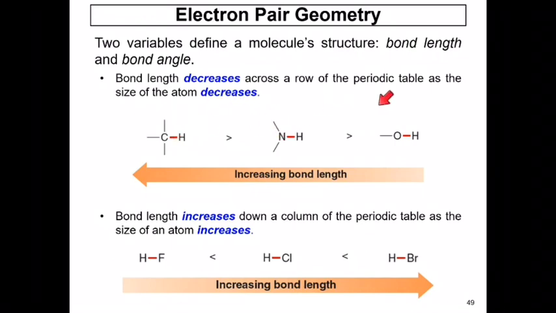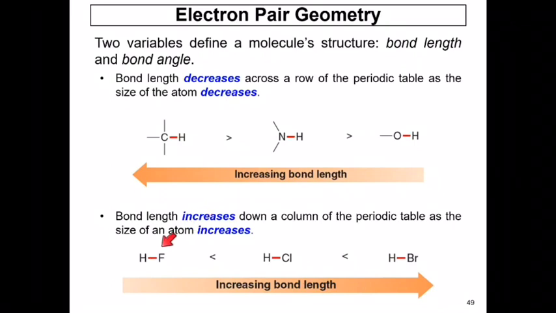In the periodic table, the trend in atomic size is that it increases from right to left. That means carbon would be the largest among these three atoms, right? So carbon is larger than nitrogen, and nitrogen is larger than oxygen. In that case, the bond length between carbon and hydrogen would be the longest, whereas the bond length between oxygen and hydrogen would be the shortest.